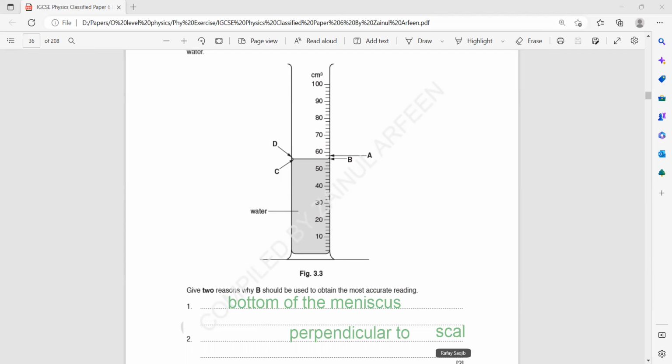Yes, because it's perpendicular to the reading. Perpendicular, 90 degrees. Because if you check, this is making a 90 degree angle, not parallel, so it is perpendicular to the scale.